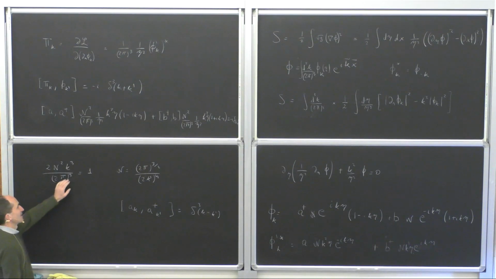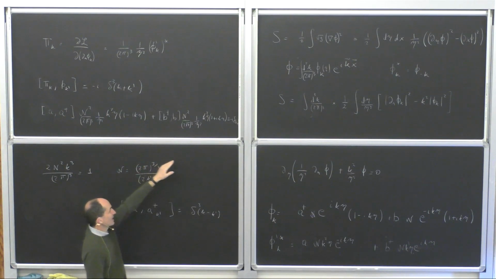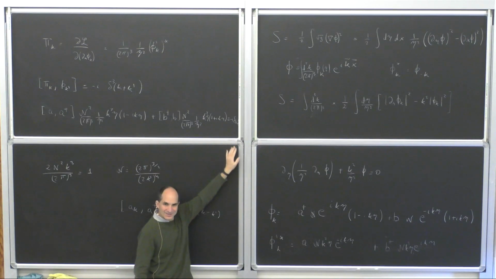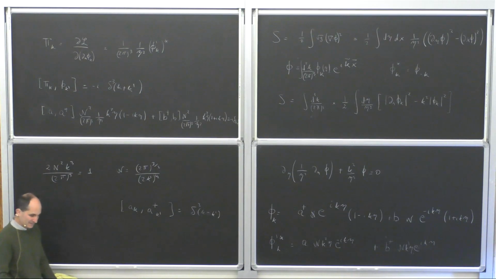We had a delta function of k plus k prime here, on the right-hand side. So this is the equation that this derivation gives you. Thank you for the question, so that this should make sense. There shouldn't be anything vague.